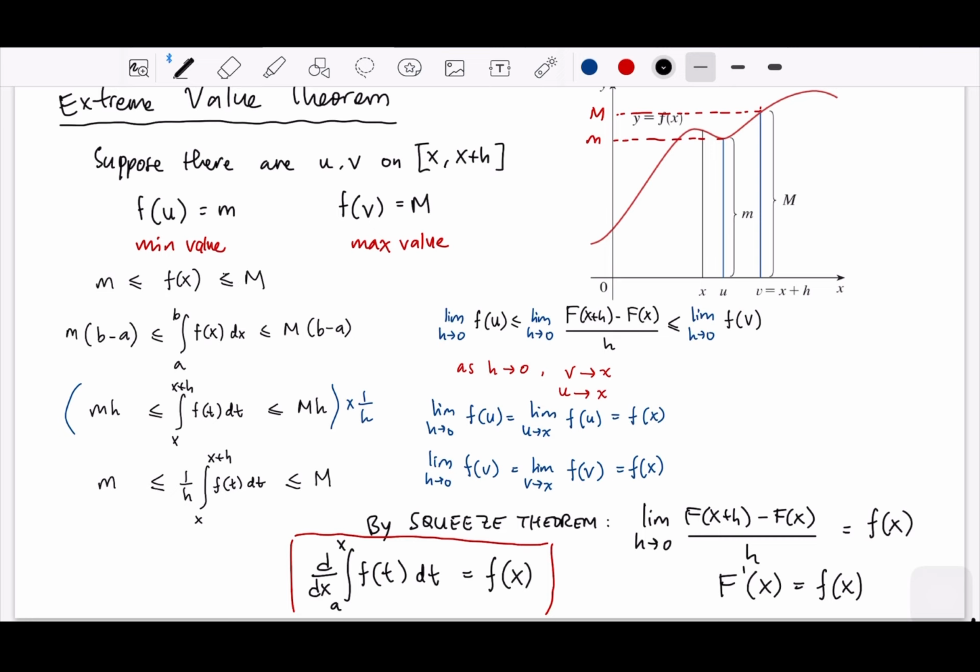So to prove all this, we take the comparison theorem in the previous section. This is the comparison theorem. And then exchange all the a, b to x and h, and multiply with 1 over h, and you will receive this. And looking at this part here, we can rewrite it as this fraction. Taking the limit and using the squeeze theorem, that proves the middle part of all these expressions will equal f of x.